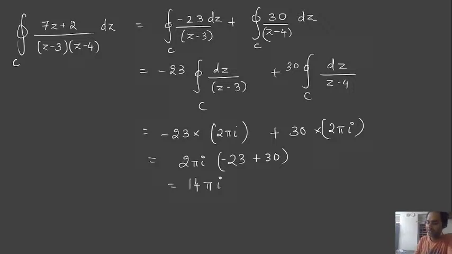But first you learn this easy example: when there are two points in the given question and both the points are inside the circle, we should use the partial fraction method to calculate the answer. So this is one very important question that I wanted to do with you.